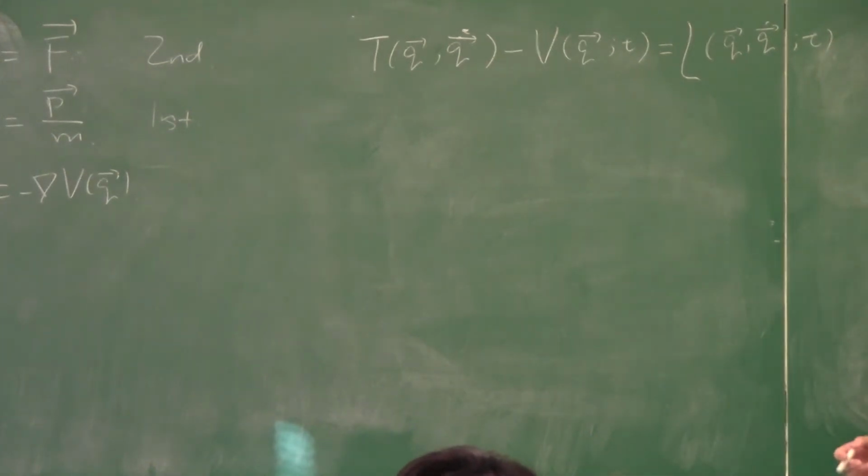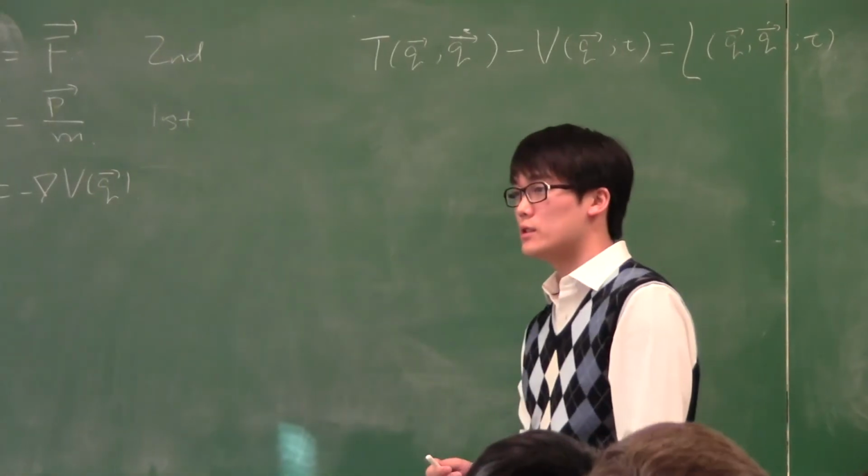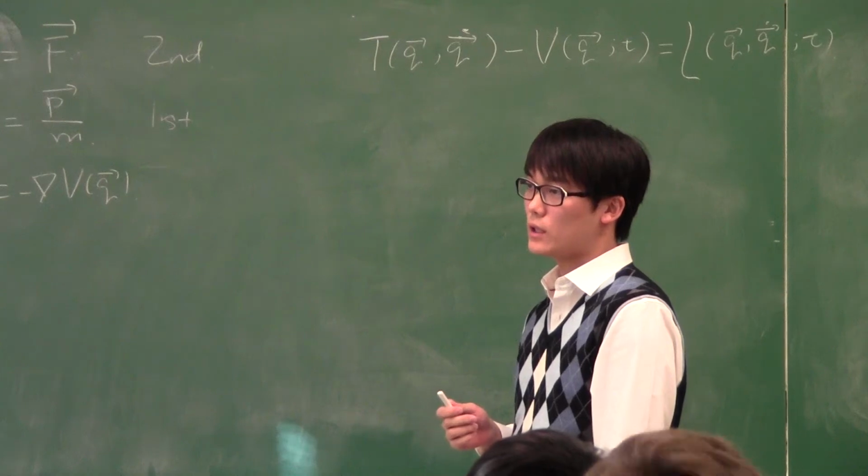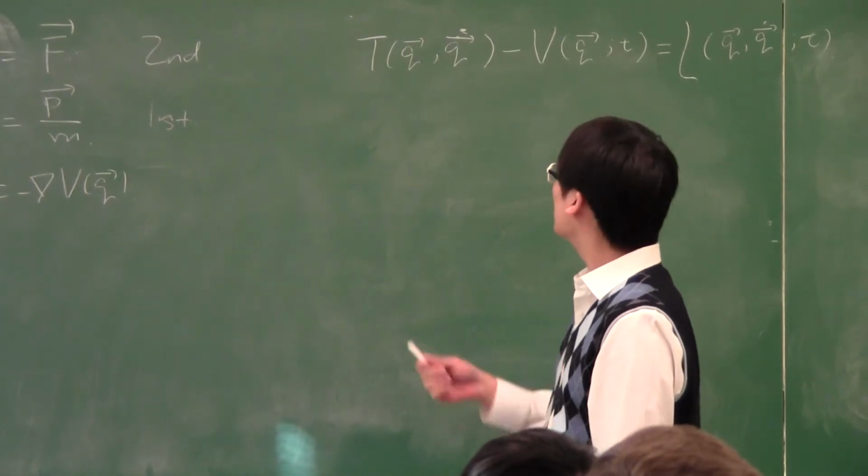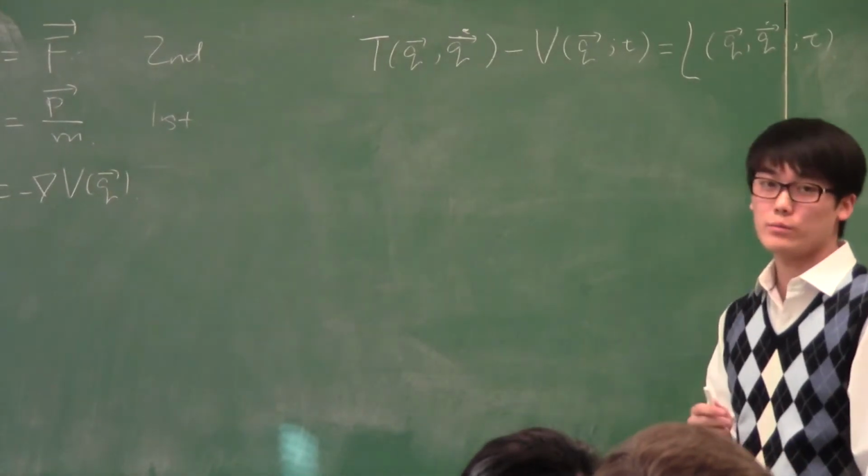Okay, so I've written the dependence of each energy term as well. Is the first term also dependent on time? The kinetic energy is not explicitly dependent on time. That is always the case. But we allow in general for a time-dependent potential.